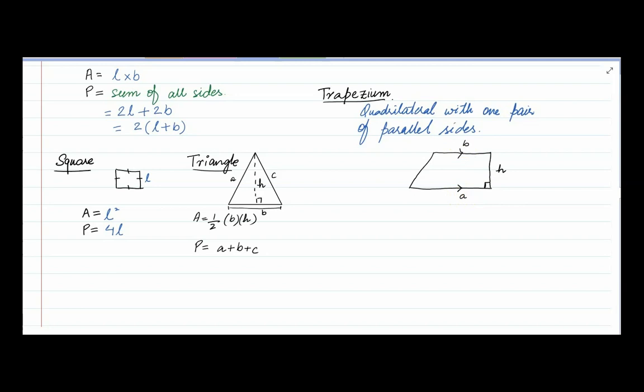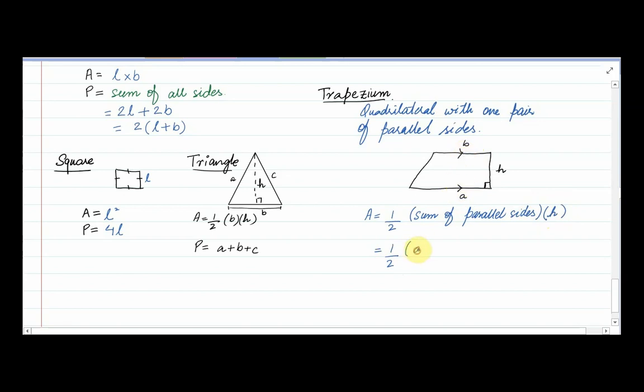Now the working formula. The area of our trapezium is 1 upon 2 times the sum of parallel sides multiplied by height, right? And if we substitute the values that we supposed in our diagram, A and B are the parallel sides.